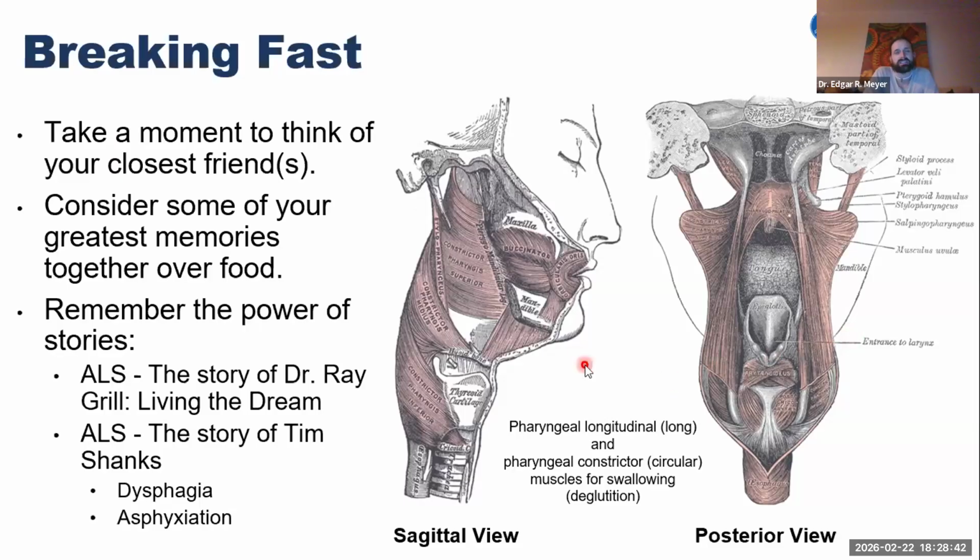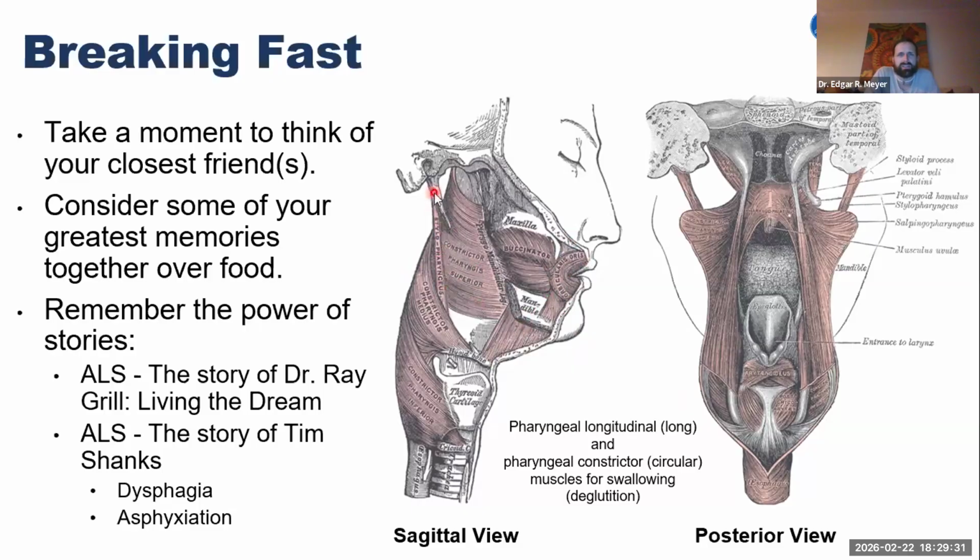For the sake of this content, you're not expected to know the names of each of these individual muscles, but what you can be familiar with for now is that in this sagittal view, for instance, we can see our three constrictor muscles, also known as circular muscles, that wrap around and have these horizontal fibers as they grip some of these cartilaginous and bony structures to form the posterior wall of our pharynx.